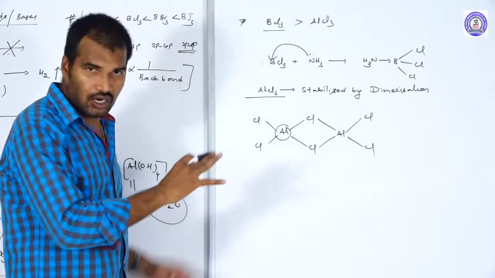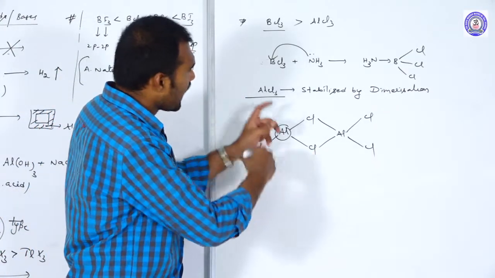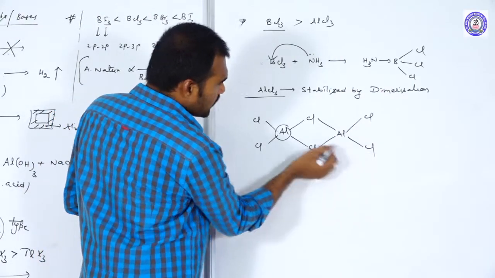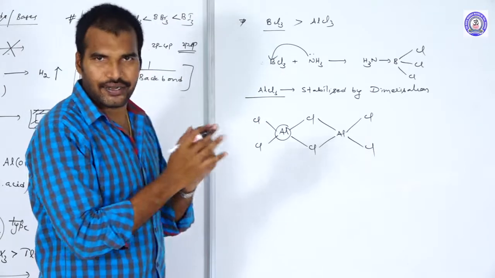Now, not only for AlCl3, the compounds having this kind of structure follow one point. These are the terminal bonds. These are the bridge bonds or central bonds.